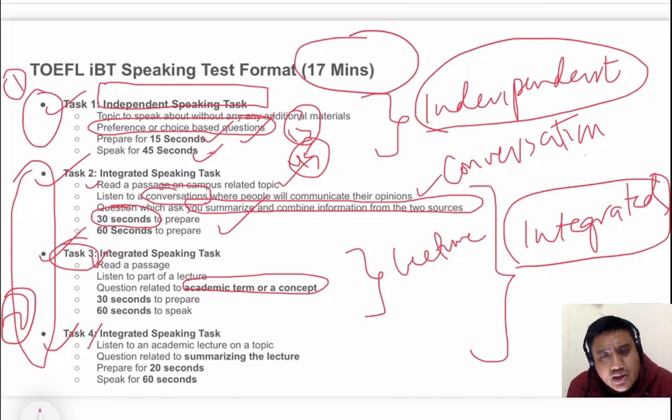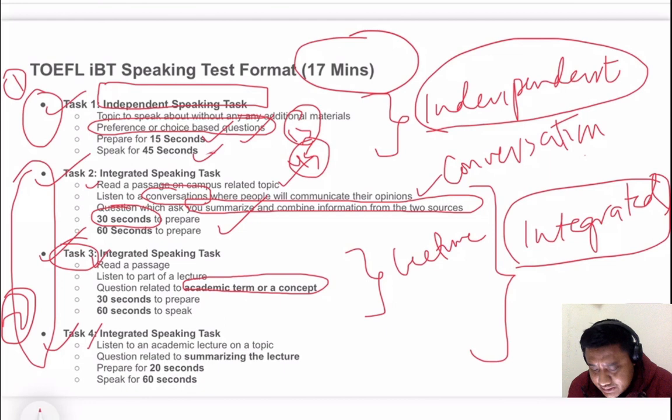In task 3, you read a particular passage on an academic topic, then you listen to the lecture, and after that they'll give you a question related to the academic term or concept. After listening to the academic lecture, you're given 30 seconds to prepare, and then you have to speak for 60 seconds. Everything is exactly the same as task 2.